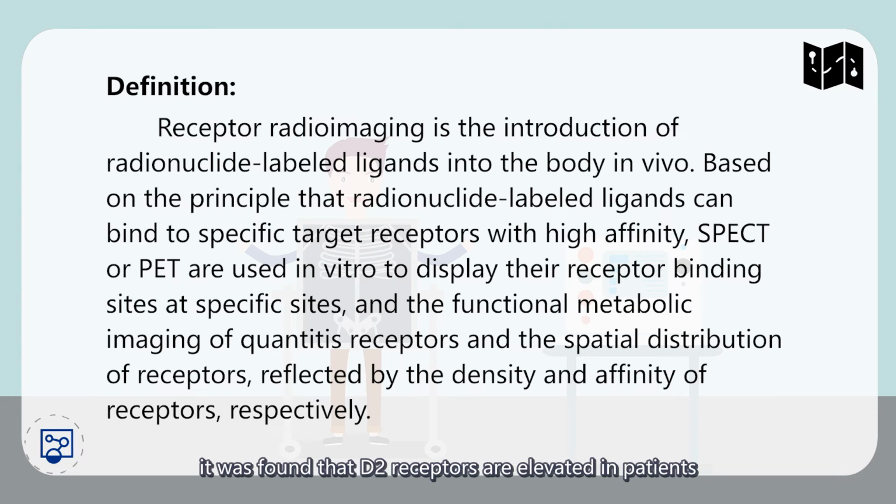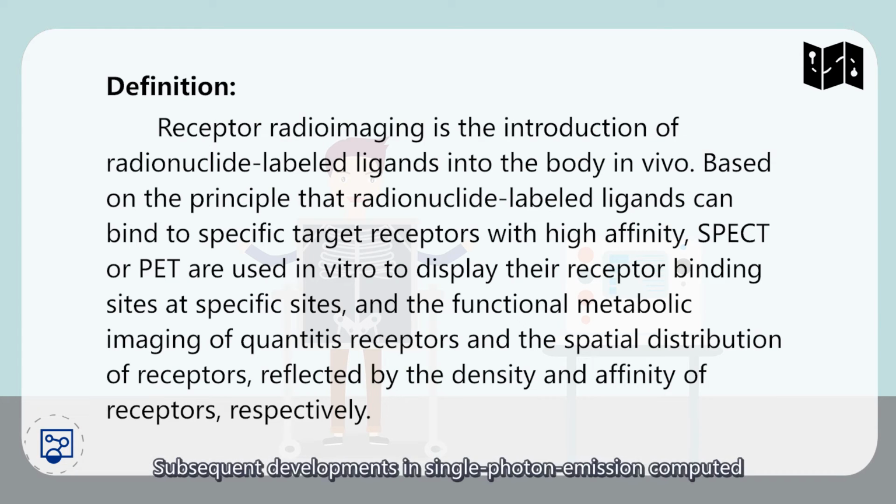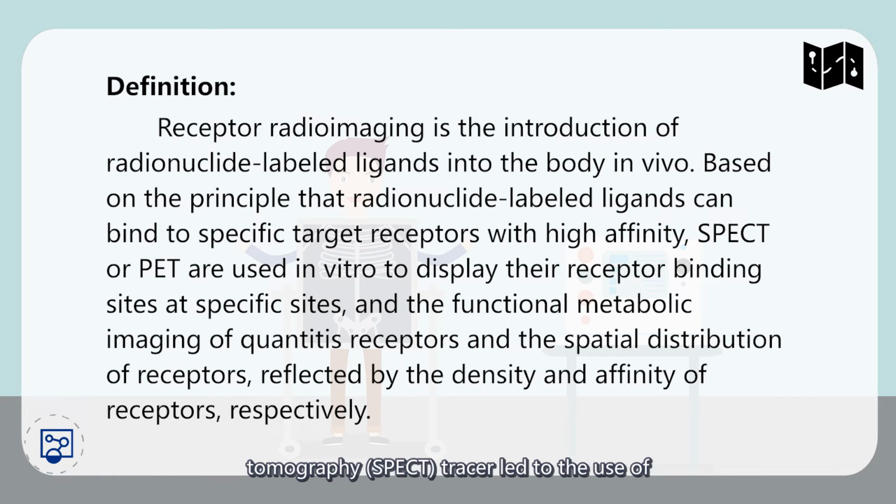It was found that D2 receptors are elevated in patients with schizophrenia and depression. Subsequent development of single photon emission computed tomography (SPECT) tracers led to the use of iodine-123 labeled iodobenzamide for SPECT imaging of the human D2 receptor.